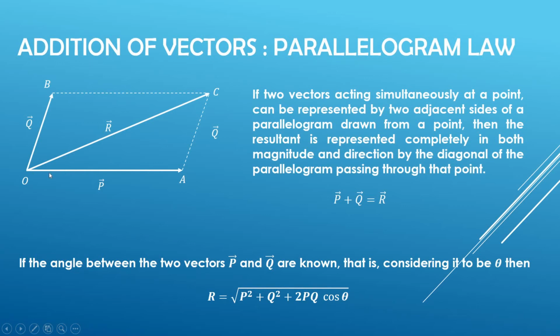It says that if two known vectors can be represented by two adjacent sides of a parallelogram drawn from a point O, in my case P and Q are the known vectors, then the resultant of these vectors, which in my case is R vector, can be represented by the diagonal drawn from this same point O. This is known as the parallelogram law of vectors.